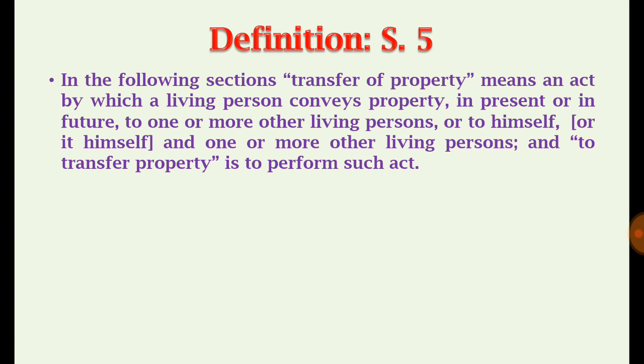So firstly we see the definition in section 5. As per this definition, in the following sections, transfer of property means an act by which a living person conveys property in present or in future to one or more other living persons, or to himself and one or more other living persons, and to transfer property is to perform such act.